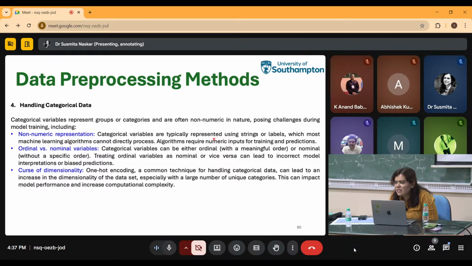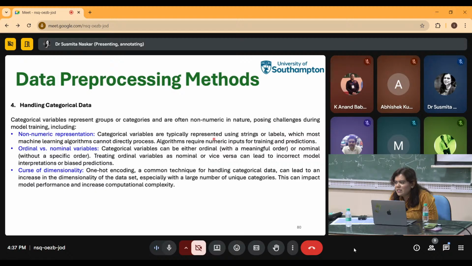In summary, handling categorical data carefully is very important: converting it into a suitable numerical form, respecting its ordinal and nominal nature and managing its dimensionality is essential for creating robust and efficient machine learning models, especially with the different kinds of datasets available.